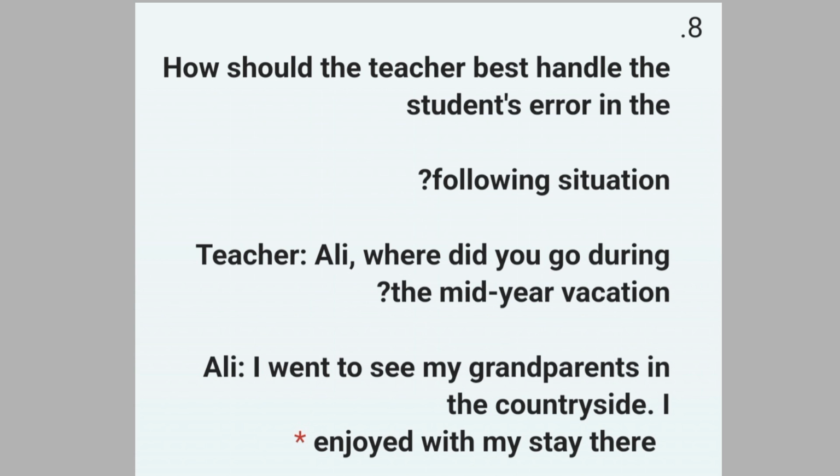8. How should the teacher best handle the student's error in the following situation? Teacher: Ali, where did you go during the mid-year vacation? Ali: I went to see my grandparents in the countryside. I enjoyed with my stay there.